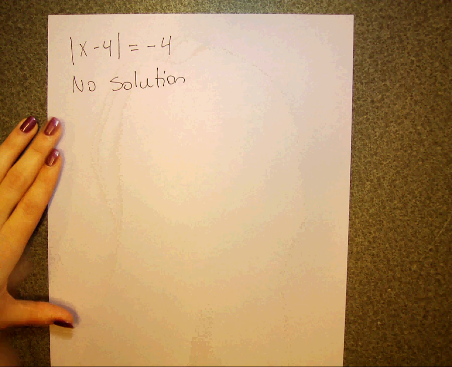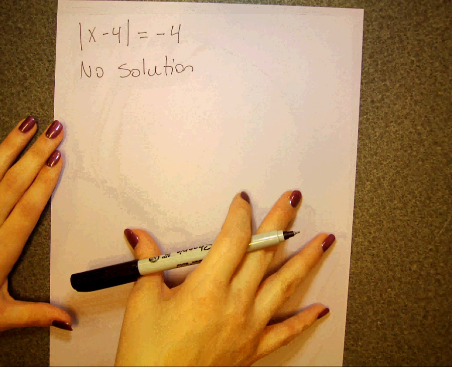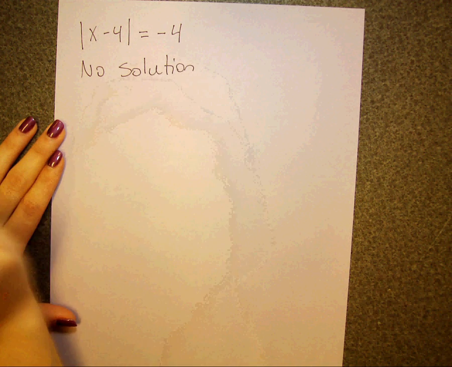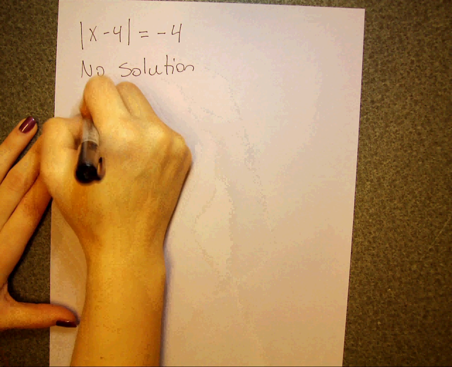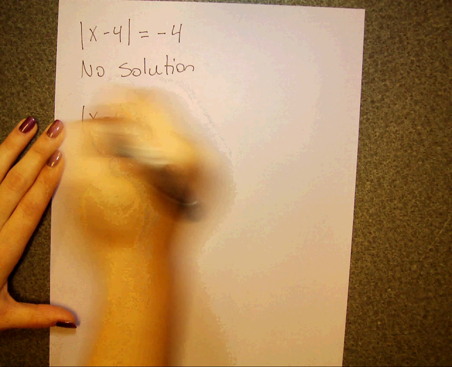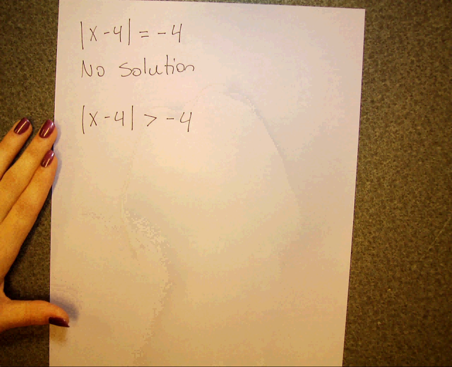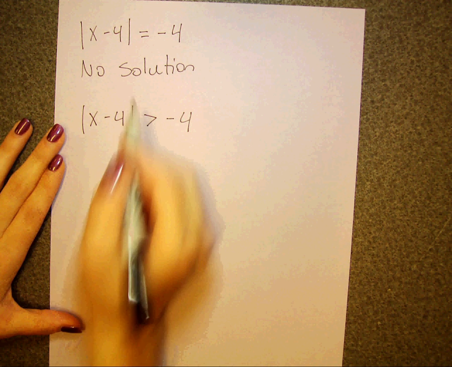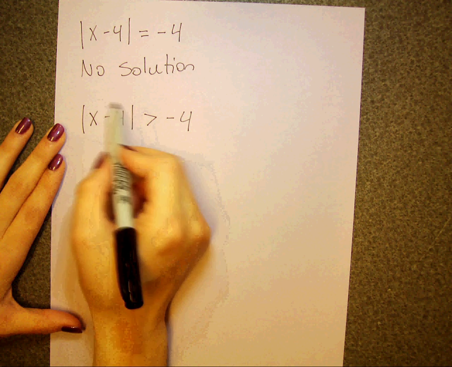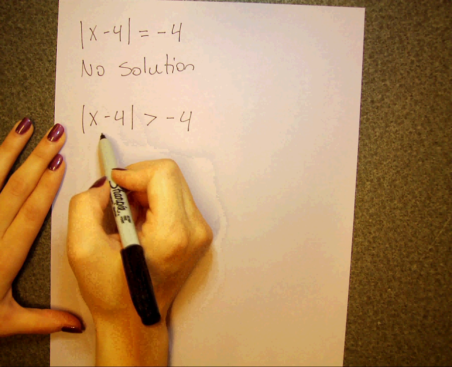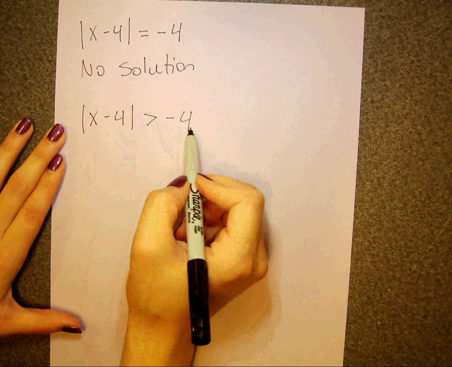So what is that going to look like as far as an inequality goes? What situation would get me no solution? So let's say I have the absolute value of x minus 4 is greater than negative 4. Is this going to give me a solution? What value could I take the absolute value of and get something greater than a negative number?